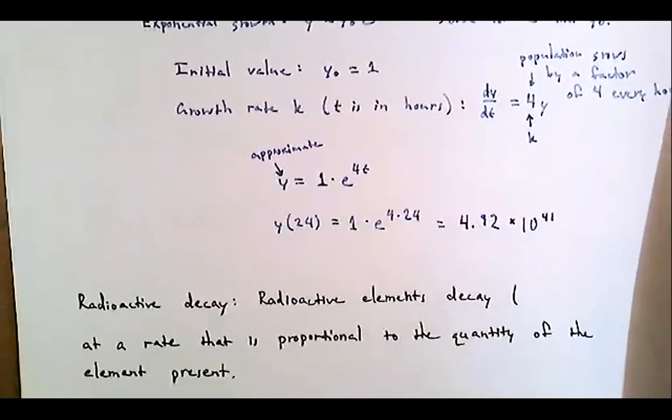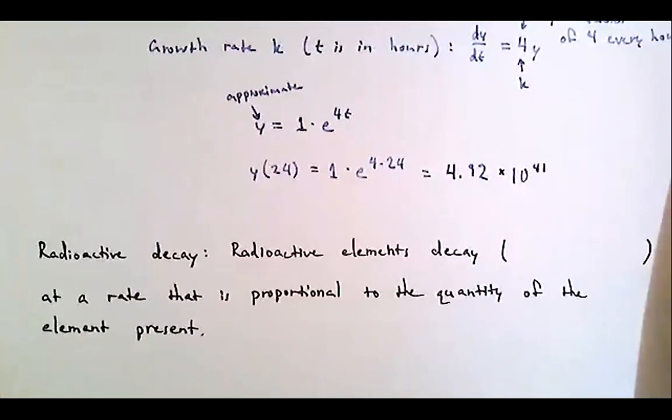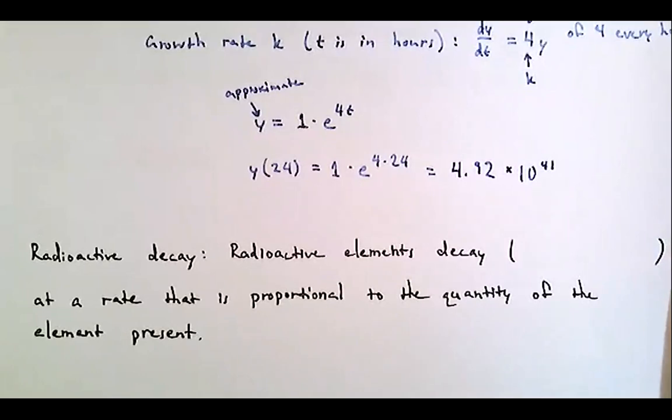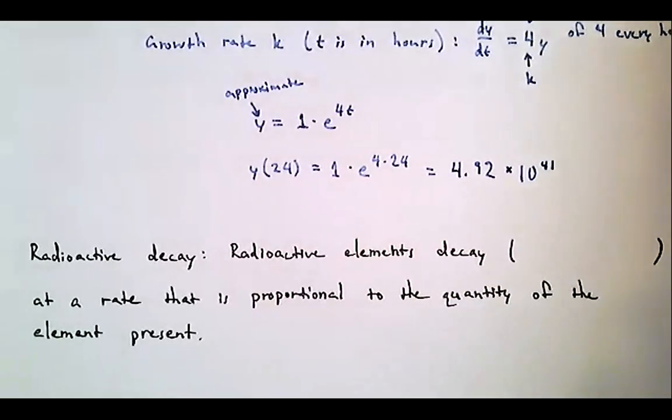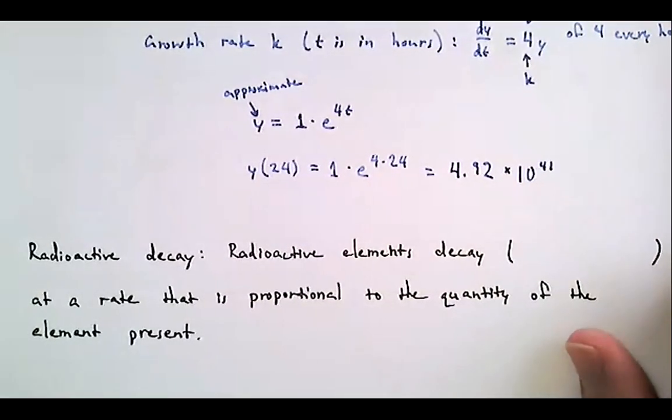But we're moving on today to this idea of radioactive decay. So decay is the opposite of growth. Our quantity is going to be getting smaller. And in this particular example with radioactive elements, we're looking at radioactive decay.